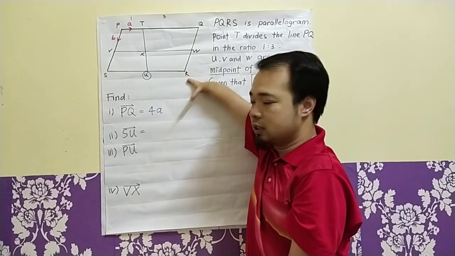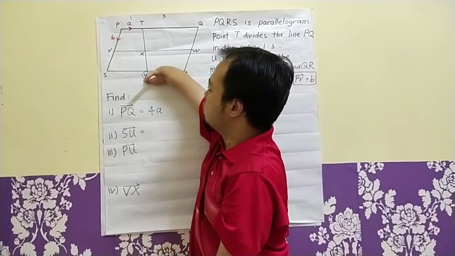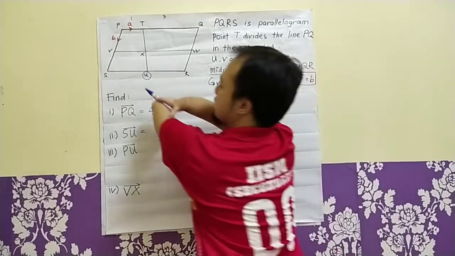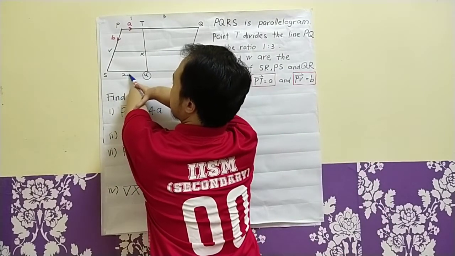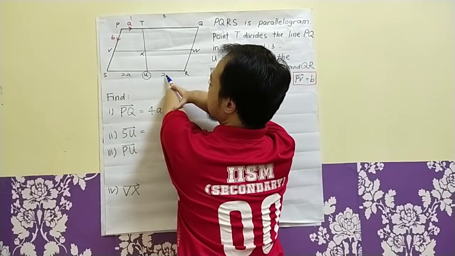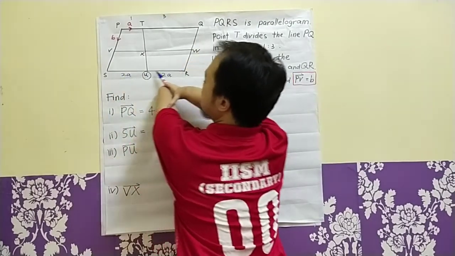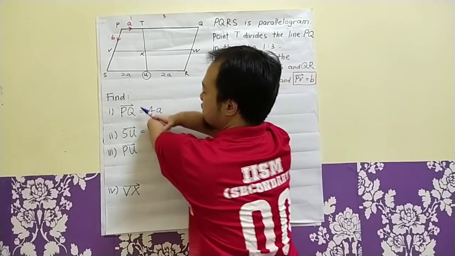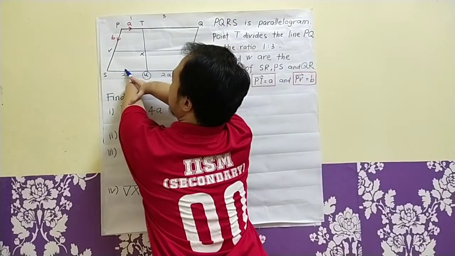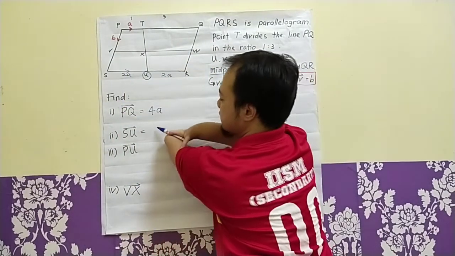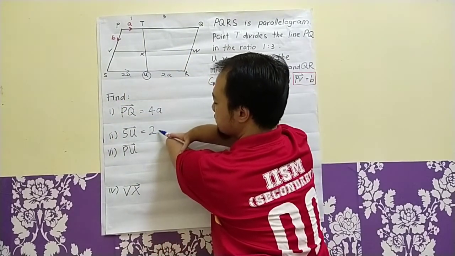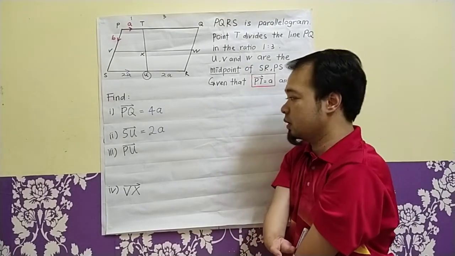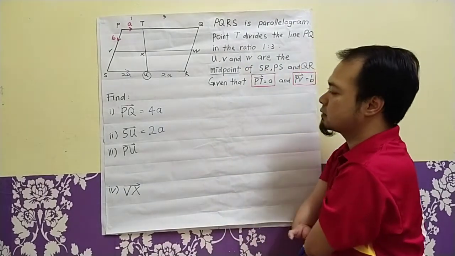U is the midpoint of SR, so this is 2A, and this is also 2A, total 4A. We want the vector from S to U only, so the answer is 2A. That one is simple.